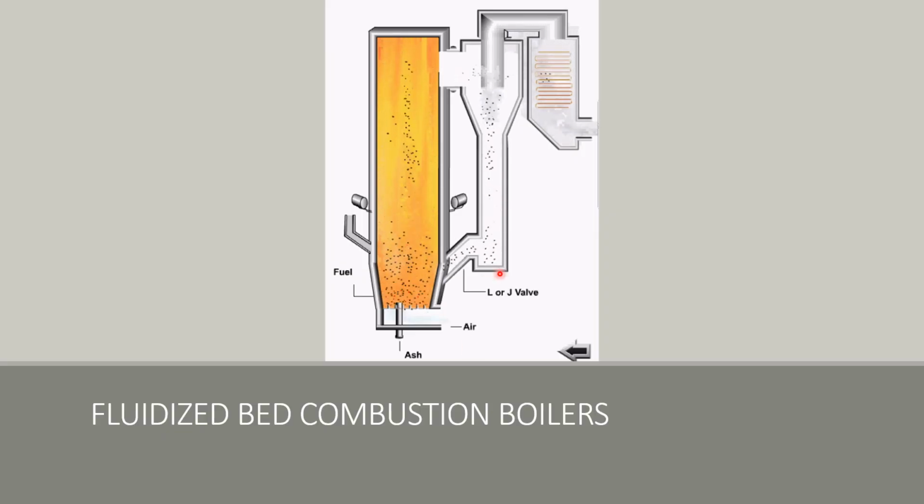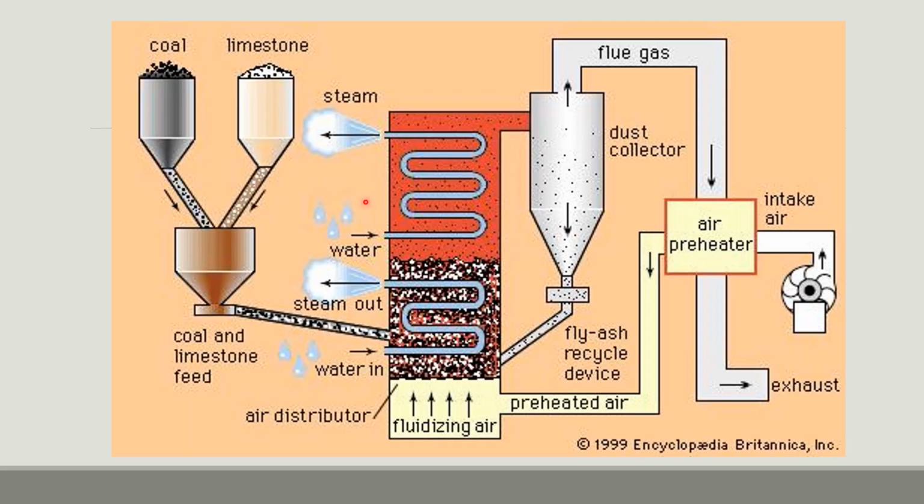We have another type of boiler which is FBC, which we can say is the fluidized bed combustion boiler. In this type of boiler, we have coal and limestone, which are generally in small pieces. We provide them in small pieces so that we can have efficient burning, and we provide limestone so that emissions of harmful gases can be reduced.